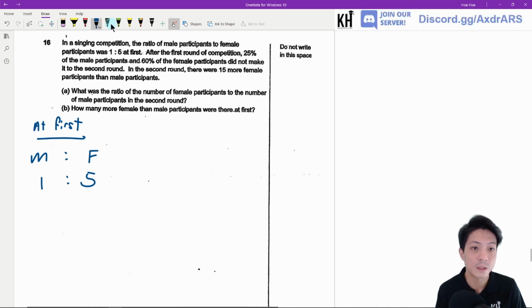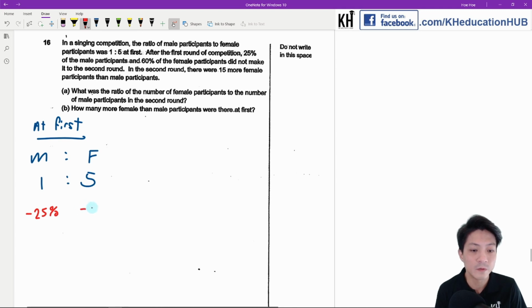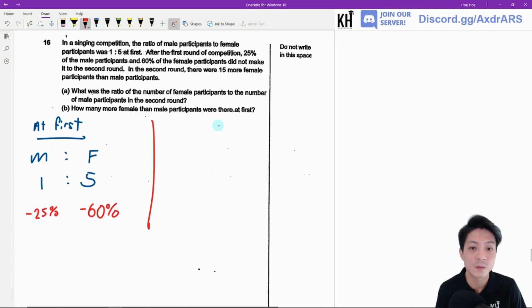Okay, after the first round of competition, 25% of the male participants and 60% of the female participants did not make it. Okay, so I'm gonna reduce the males by 25%, and for the females I'm gonna reduce it by 60%. Okay, so this is the second round.